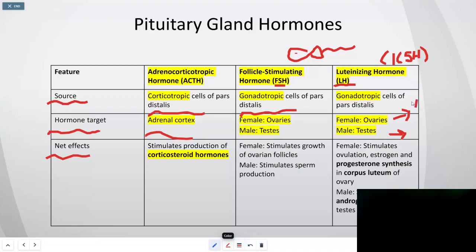For the female it's the theca cells, T-H-E-C-A, and the granulosa. They both have receptors. And for the males, it's your Leydig cells. So there's a slight difference. For the male, it's one specific cell type. For females, there's two.